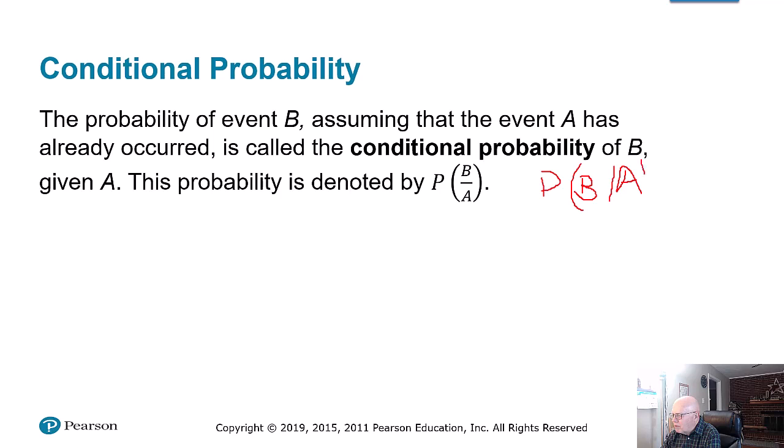The probability of B, given that A already happened. So you can use either notation you like, whichever helps. This is the probability of B if A has already occurred.